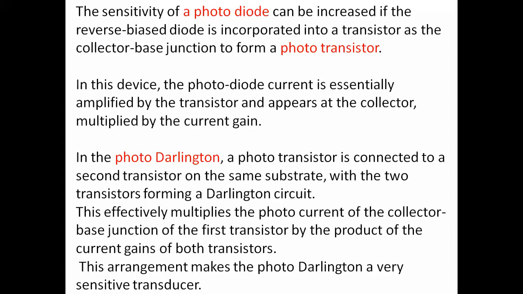When the light falls on this photodiode, the PN junction breaks down, and due to that the charge carriers flow in the reverse bias direction. The current changes, and the amount of current flowing through this diode corresponds to the amount of light falling on the diode. That's why it is a photodiode.